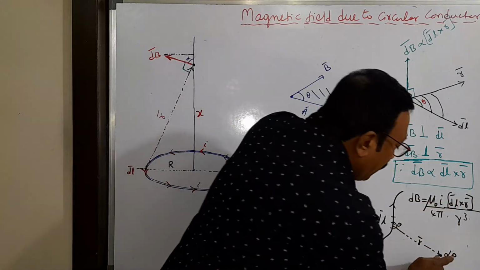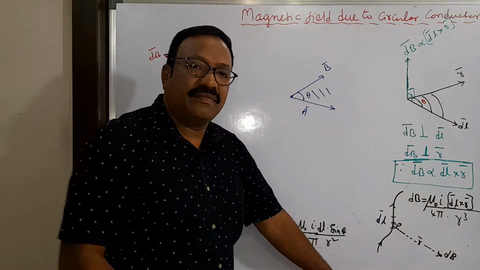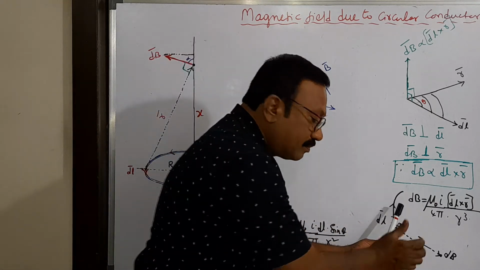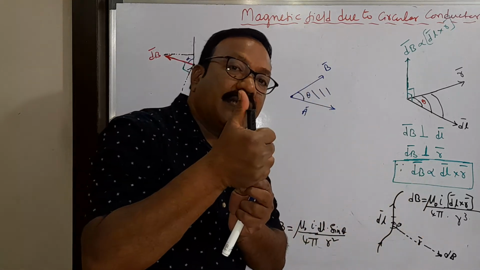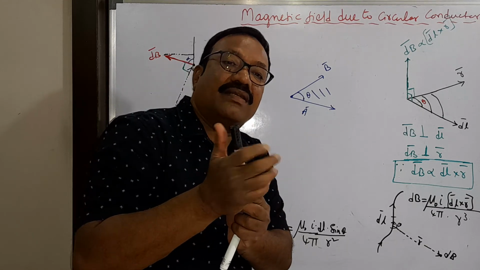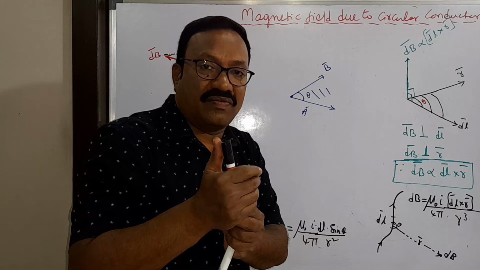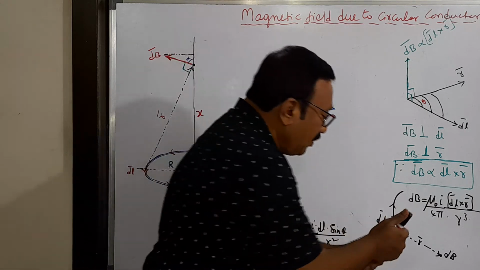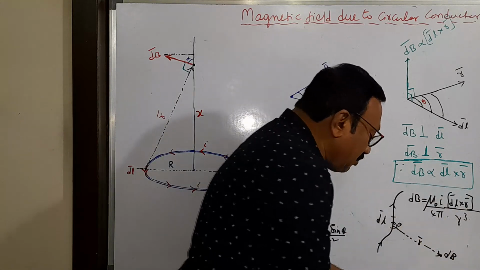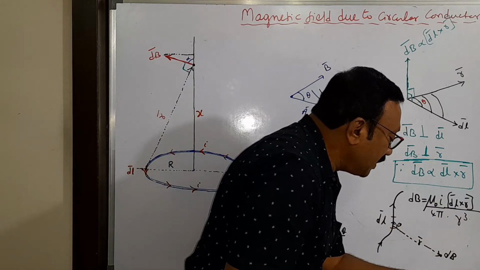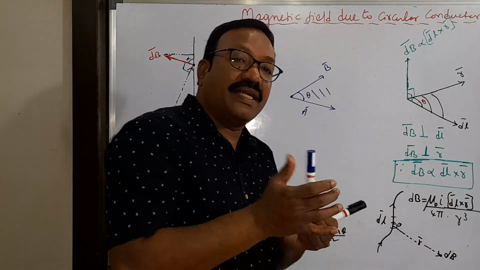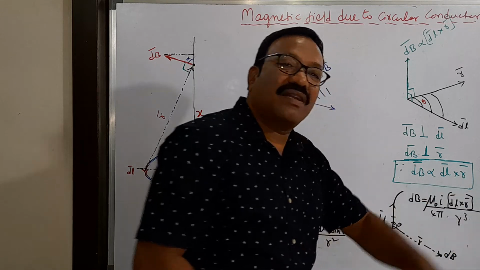Next, the direction of magnetic field dB here. I know you will be using the right hand thumb rule. You have to hold the current carrying conductor such that the thumb indicates the direction of current. Then the four fingers will give the direction of lines of force, that is nothing but the magnetic field. So the magnetic field at that point will be inward. But I will decide the direction of magnetic field not only by the right hand thumb rule, but also by the direction of dl bar cross r bar.